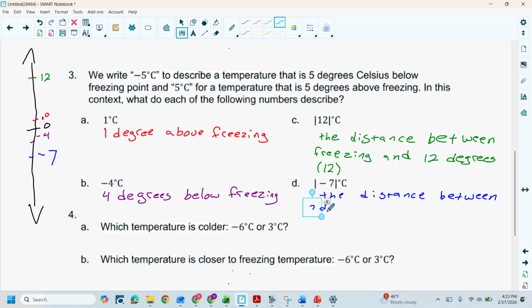Between 7 degrees below freezing and freezing.